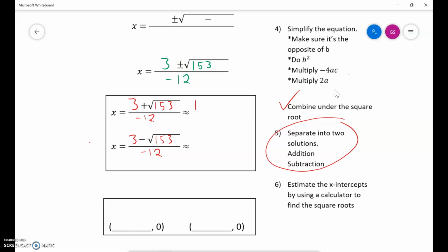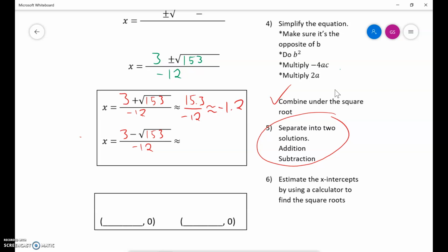That gives me about 15.3 over negative 12. So I'm just going to do negative 15.3, divide that by negative 12. Okay, so I got about negative 1.275. So let's just call that about negative 1.3. That's one of my x-intercepts.